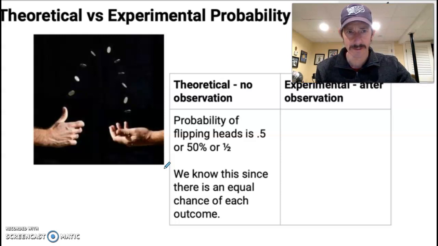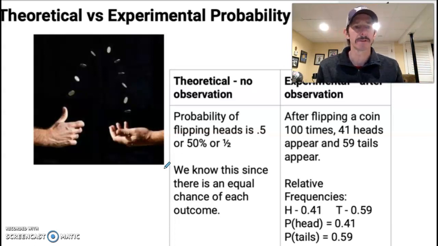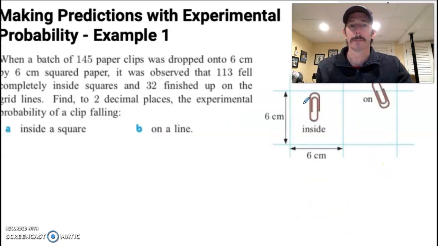But if you were to flip a coin 10 times, it does not guarantee that it'll come up exactly 5 times heads. So experimental probability is what happens over the course of many trials. So if you flip a coin, say 100 times and you get 41 heads, then your probability is going to be 0.41 or 41 out of the 100. And tails would be 59 out of the 100.